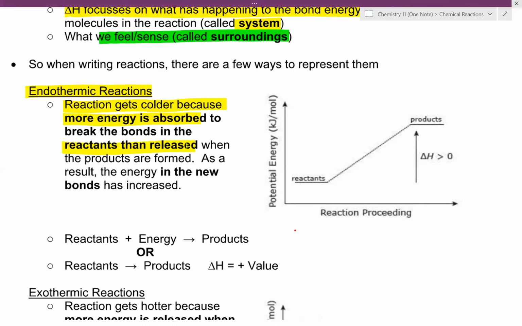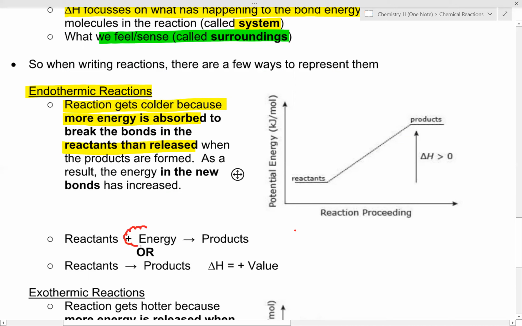Well, notice in this case, energy is in the reactants. Also notice that delta H is a positive value. So what happens is because it absorbs energy, the products have more energy than the reactants. That's why delta H goes up.